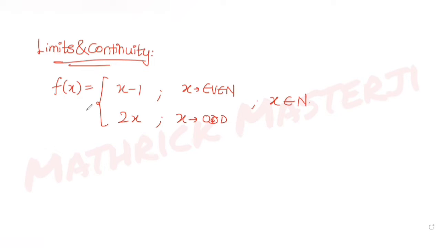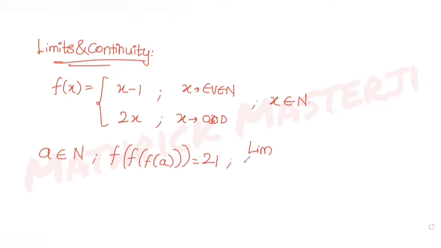The question further tells us if for some a belongs to N, that is a natural number, f of a is equal to 21, then we have to figure out the value of the limit as x tends to a minus of the expression mod of x cubed divided by a minus square bracket of x over a.